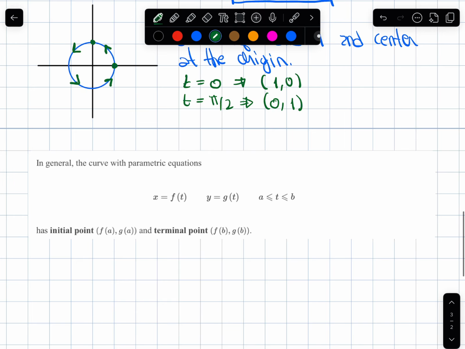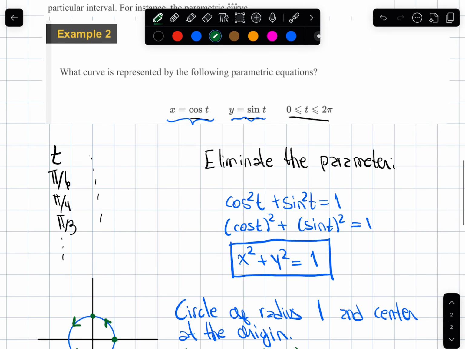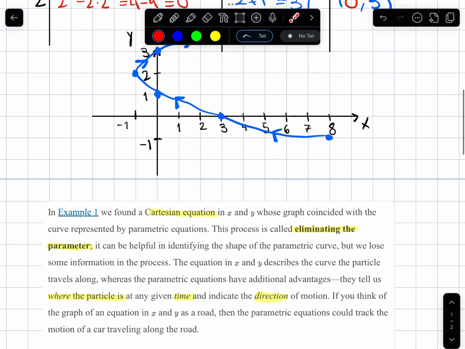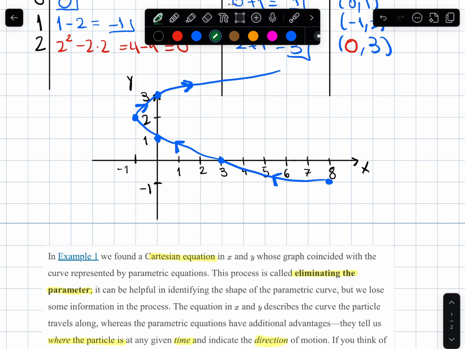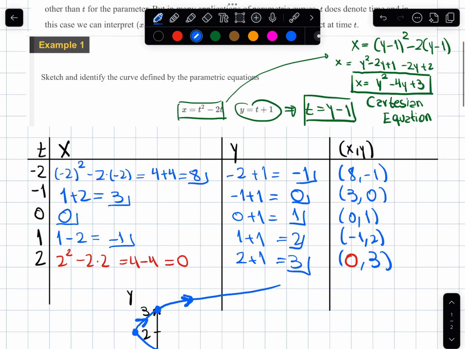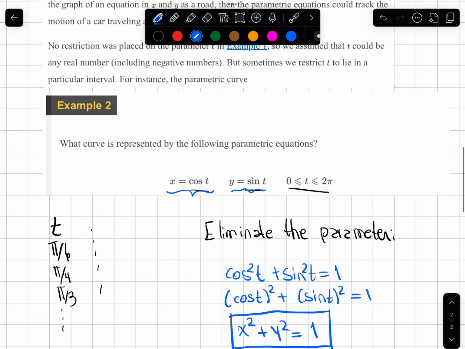But the last thing I want to say is that sometimes you're going to be given curves with specific t values. So if you go back, my curve here, the parameter is free. There's no limitation on what t is allowed to be. And so it's going to continue on forever in either direction, because it's just a parabola.